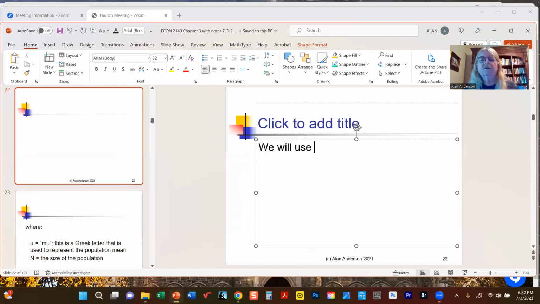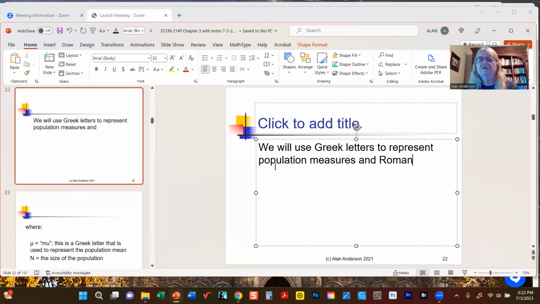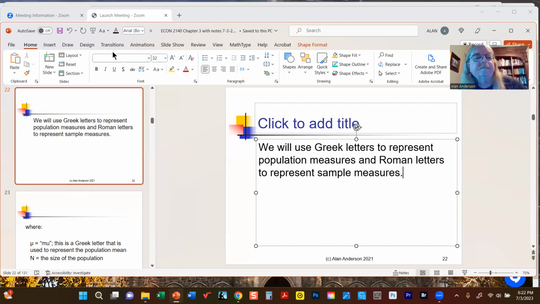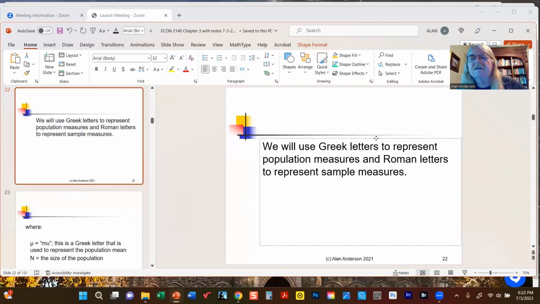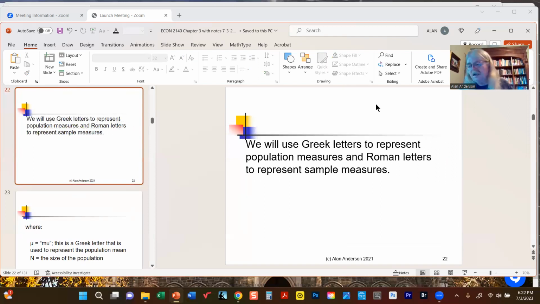We will use Greek letters to represent population measures and Roman letters to represent sample measures. And that's how we're going to be able to tell them apart. That's the standard practice in statistics. So sometimes that's the only difference.